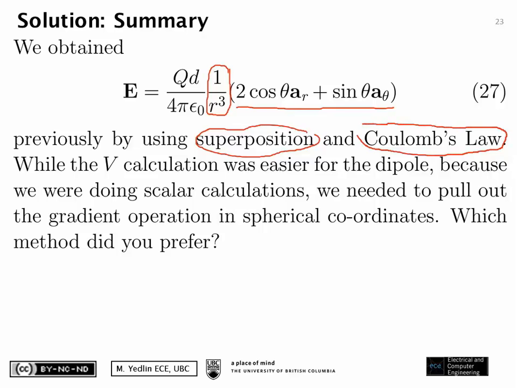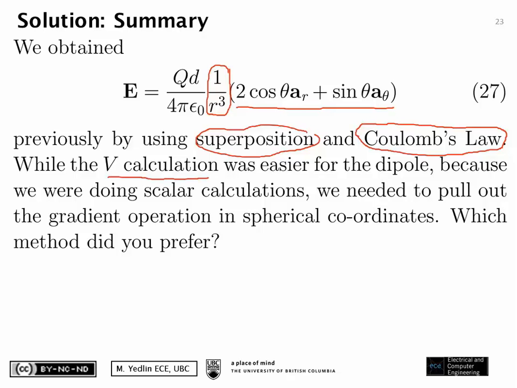And we applied that same derivative trick, but we had to worry about vectors, and it was a lot more complicated. Certainly, the V calculation was easier for the dipole because we're dealing with scalars. But we needed to pull out the gradient operation in spherical coordinates, which is not readily known. How would you derive it if you didn't have it in the book?